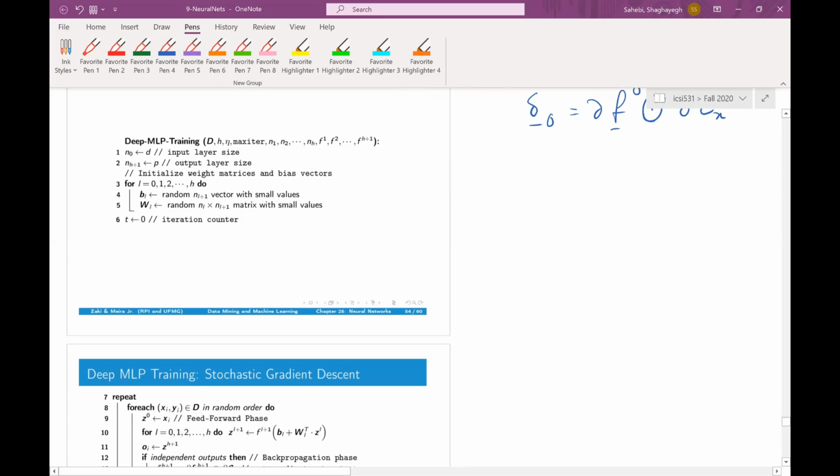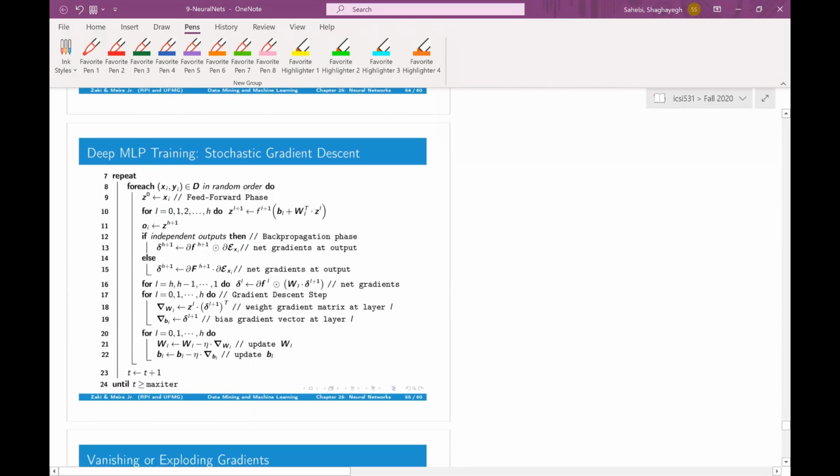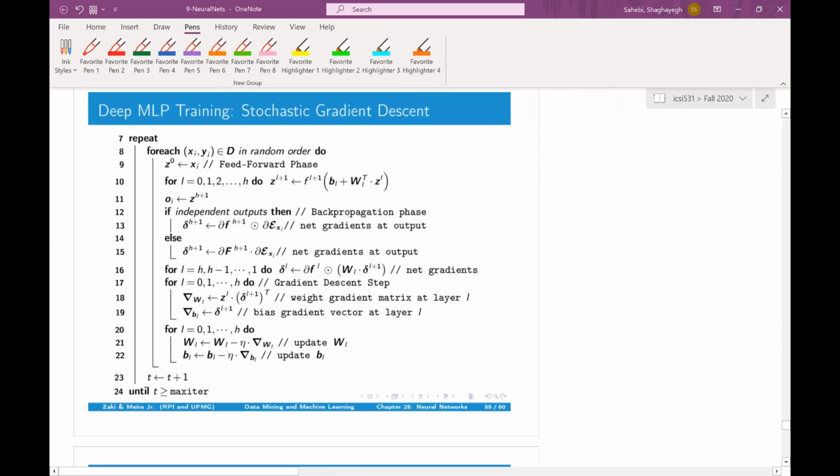So what we do, we start by initializing the weight matrices and the bias vectors. We initialize all the parameters with small random values. And then we keep an iteration counter, and we are going to repeat for the max number of iterations.